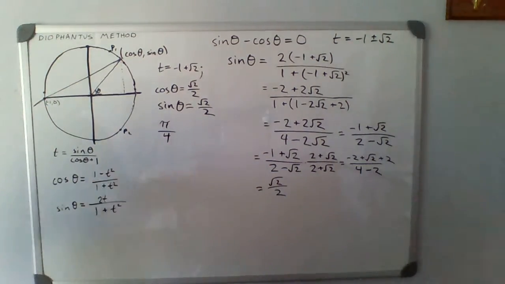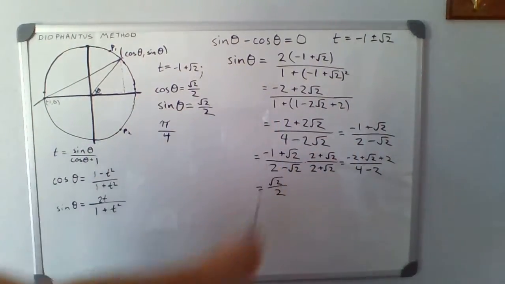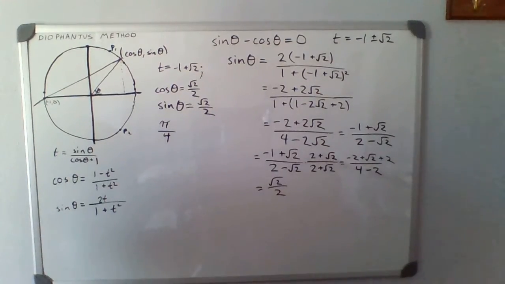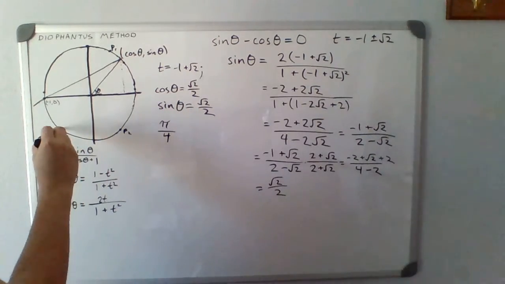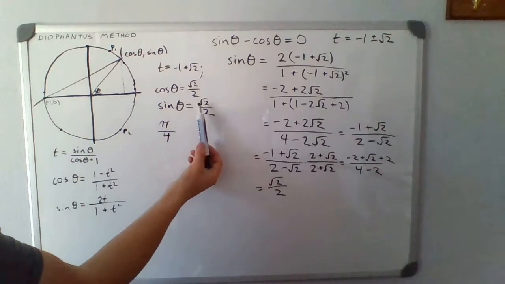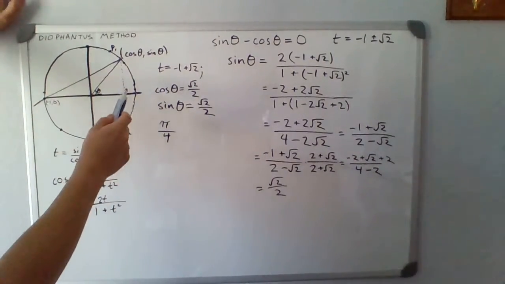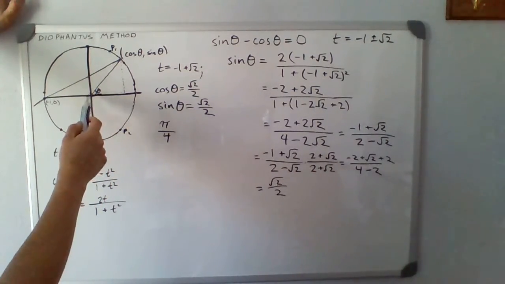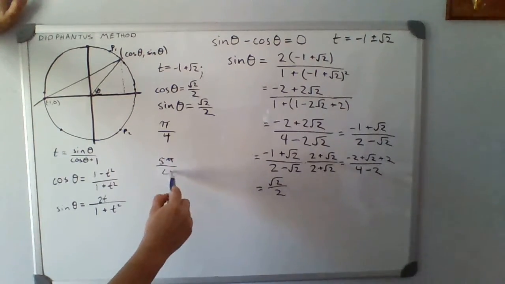Alright, so I'm not going to work through the next one, negative 1 minus the square root of 2, but if I did work through it, it looks pretty much just like the previous two, and it gives us the negative values for these. So it gives us the point over here, which is negative square root of 2 divided by 2, and negative square root of 2 divided by 2 is the coordinates, which gives us an angle measurement of pi plus pi divided by 4, or 5 pi divided by 4.